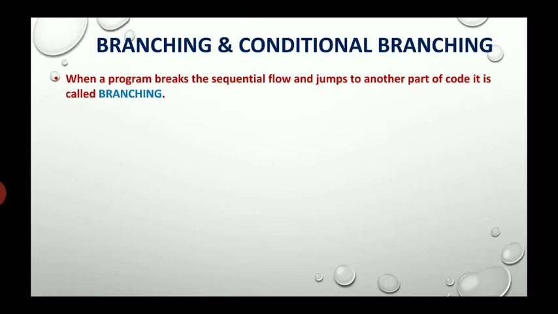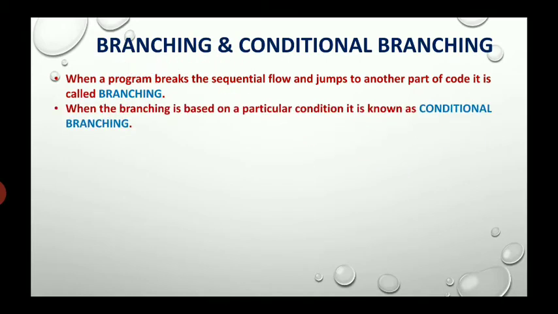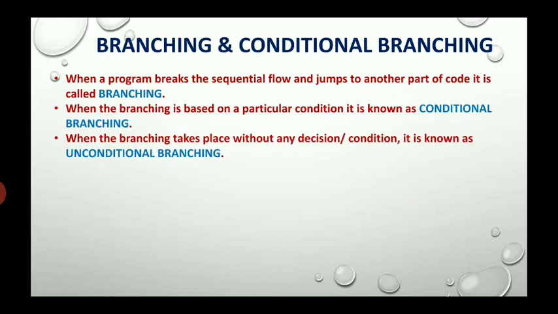Then it is called branching. And when the branching is based on a particular condition, then it is called conditional branching. And when the branching takes place without any decision or conditions, it is known as unconditional branching.